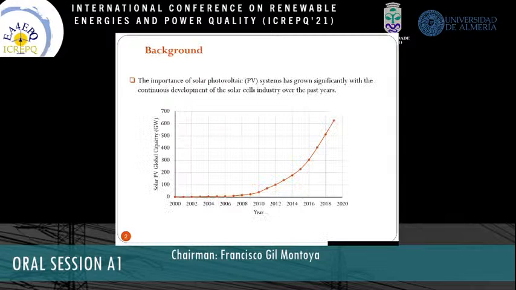The importance of solar photovoltaic systems has grown significantly with the continuous development of the solar cells industry over the past years, as shown in the displayed figure in these slides. However, studying the potential impact of solar PV systems on the distribution network has recently become a significant topic with high attention.